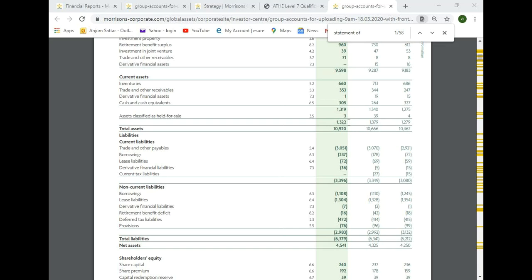But think about the nature of the business, yes? Morrison's money comes in quickly and they always have credit of 30 days, 60 days, 90 days. So you can argue here, we can compare with Tesco and various other companies, and then we can ask why Morrison is worse compared to the other companies.